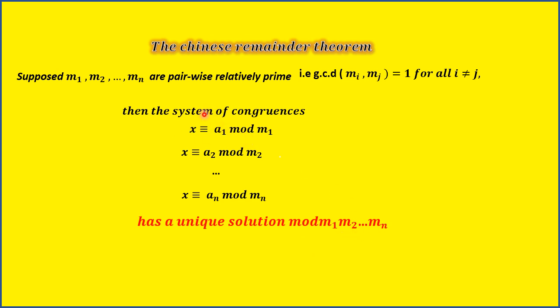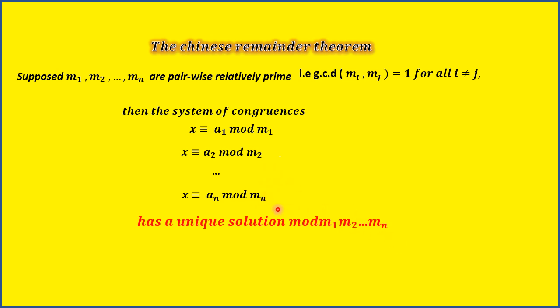So when you have a system of congruence equations like this, to solve using the Chinese remainder theorem, you have to ensure that the GCD of any of these pairs, m1, m2, you pair it, you find the GCD, make sure it is 1, and do it for all the possible pairs of the moduli.